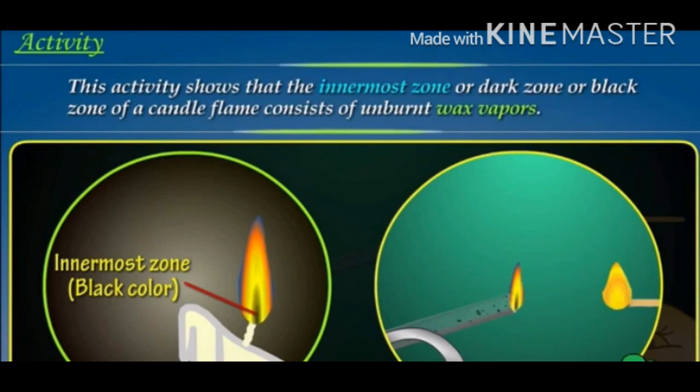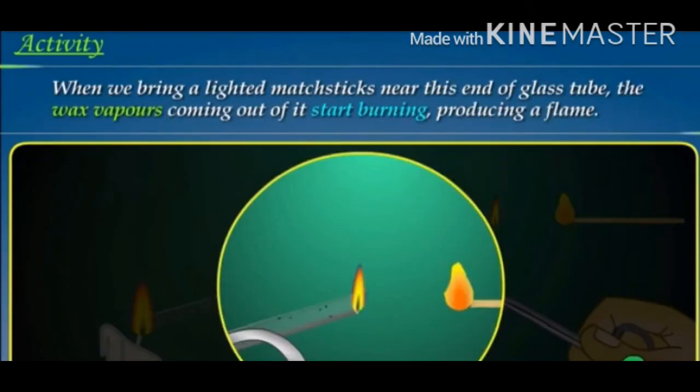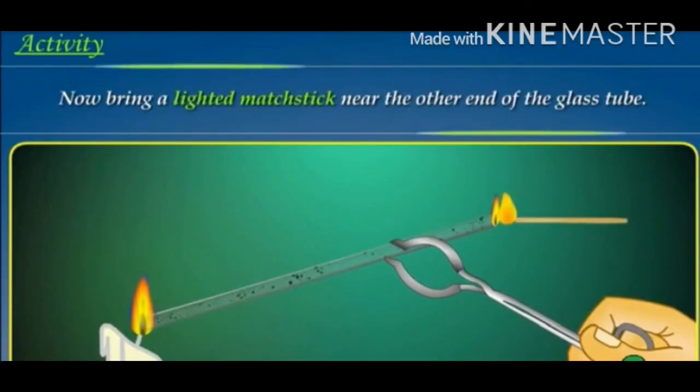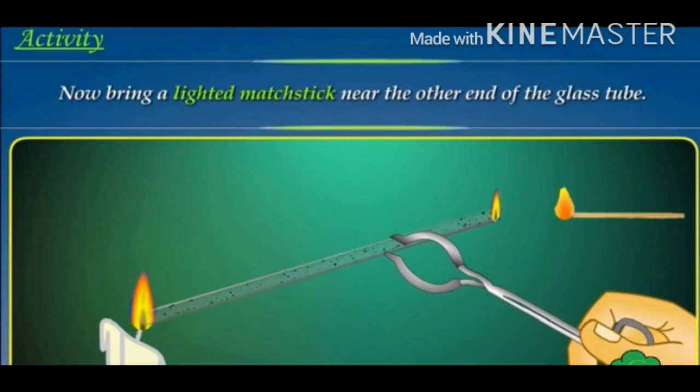So, what has produced a flame here? We observe that the innermost zone of the candle near the heated wick consists of unburned wax vapors.